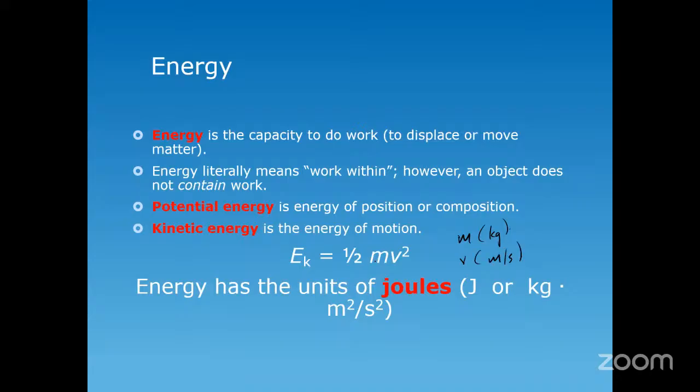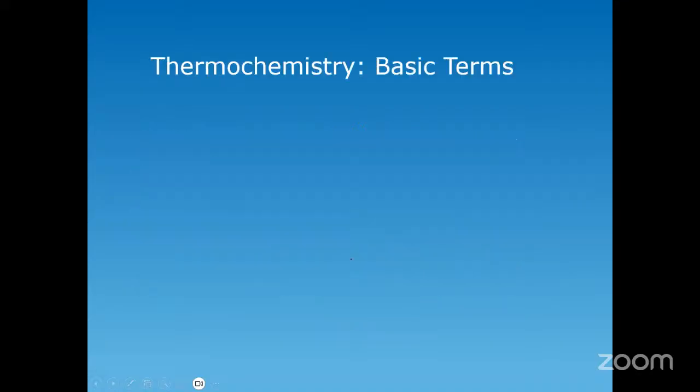So therefore, using these units, the energy units would be kilograms meter squared over second squared. And this collection of units is given one unit symbolized by the letter J, which is the joule unit, right? So the joule unit is the same thing as kilograms meter squared over second squared.